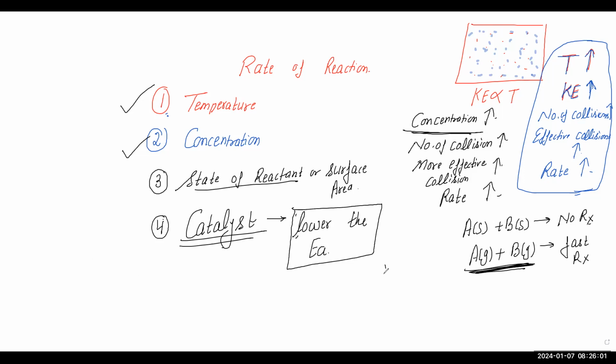If I give you an energy profile, this is the activation energy, with reactant, product, and energy here. If I make it less like this, that is in the presence of a catalyst. And this is without catalyst.